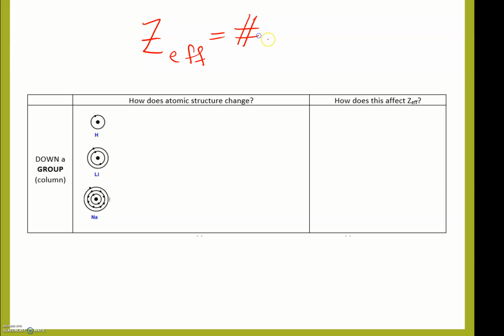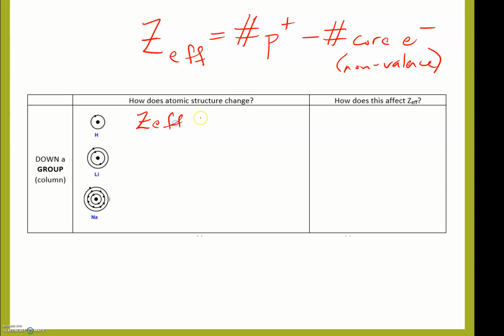It is calculated as the number of protons minus the number of core electrons, which are the non-valence electrons, anything but the valence electrons.